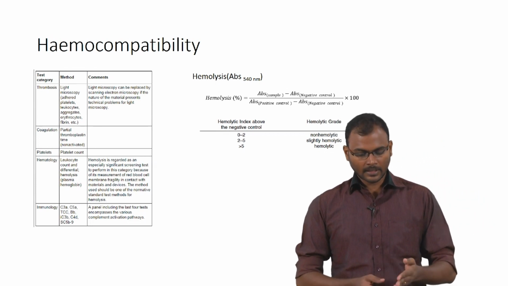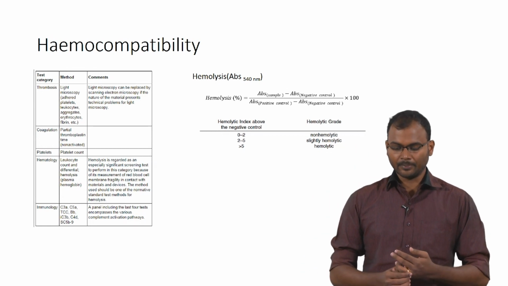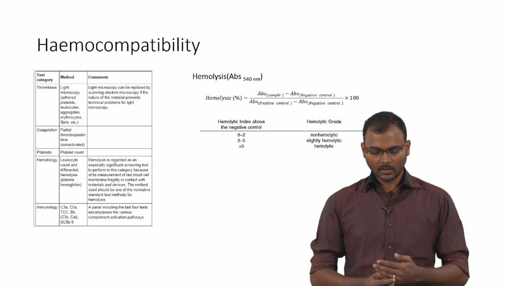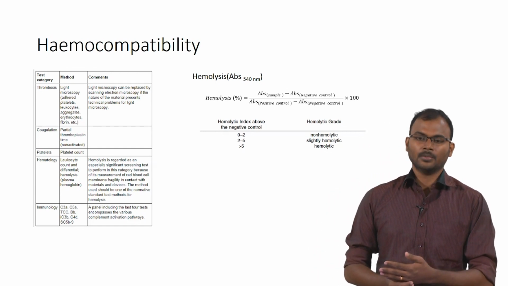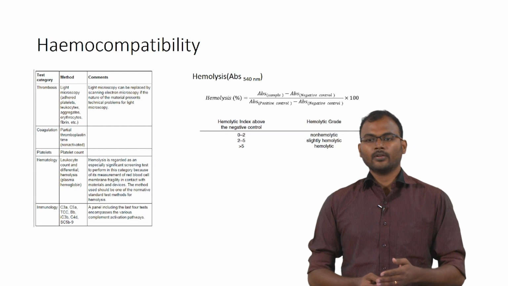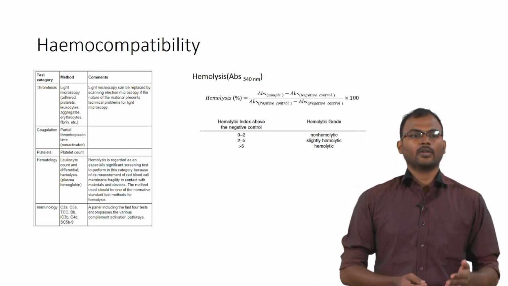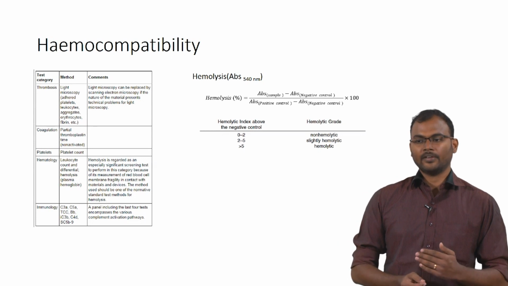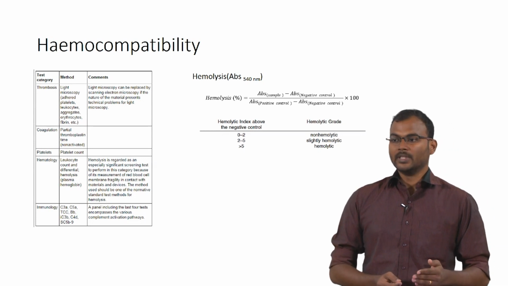Hemolysis is calculated as the absorbance of the sample minus the absorbance of the negative control, divided by the absorbance of the positive control minus the absorbance of the negative control. So, what are the negative and positive controls? The negative control is a normal saline solution, which does not have any effect on the RBCs.